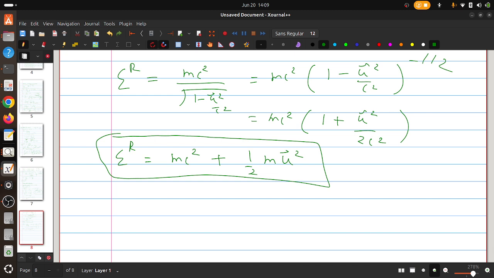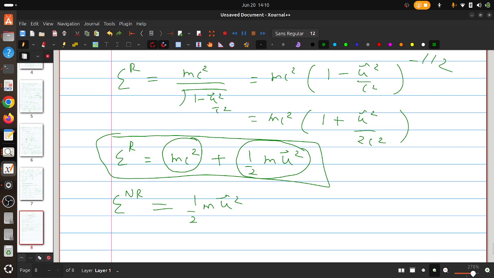So this one here looks a little different because here we are saying that the relativistic energy has a quantity mc square, and then you add up some kinetic energy, half m u square, which we are very familiar with, and then you get the relativistic energy, right? But in the non-relativistic case, it was simply half m u square.